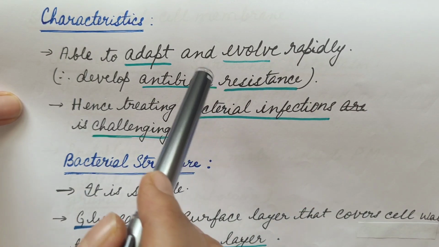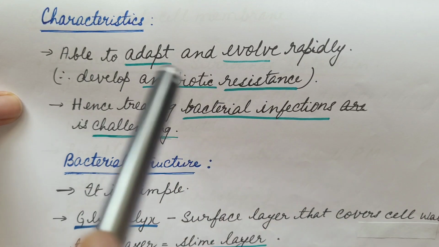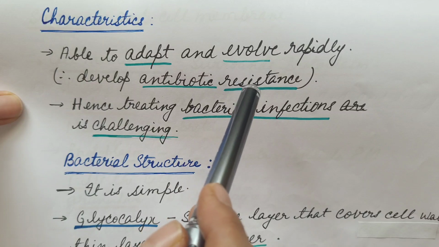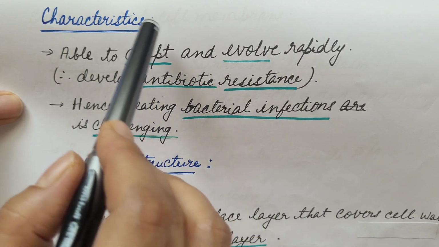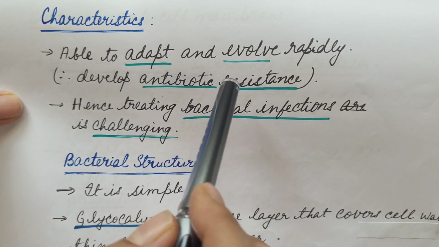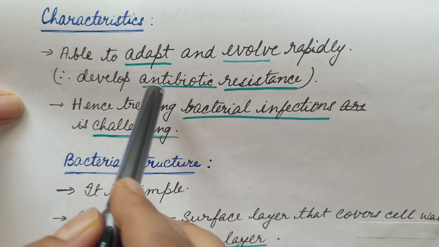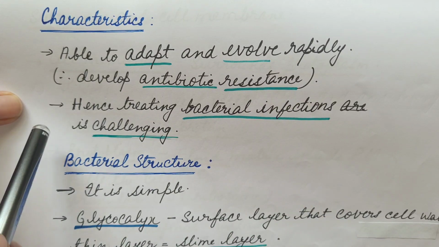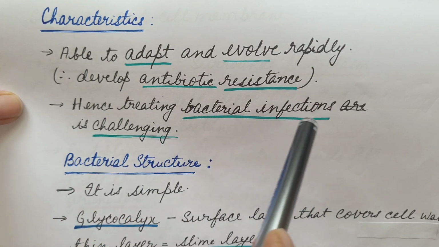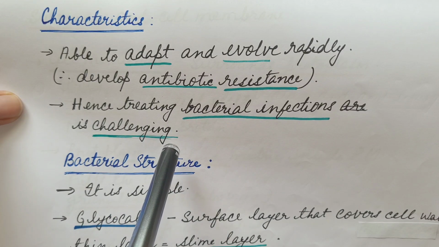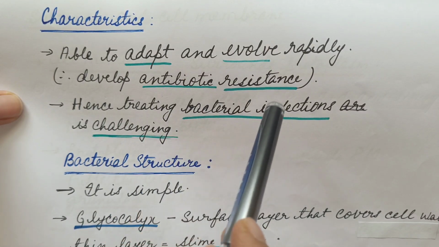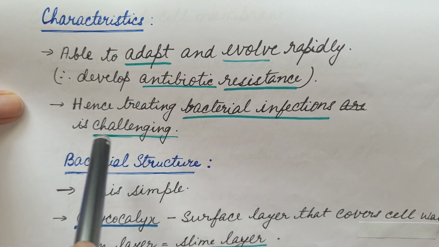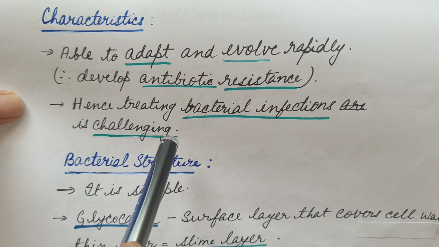With the continuous use of any specific antibiotic for specific bacteria, these evolve themselves and adapt in order to survive in the presence of this antibiotic. That is, these develop antibiotic resistance. Hence, in that case, treating the bacterial infection is challenging. That is, if the bacteria is resistant to any antibiotic, treating the bacterial infection becomes difficult.